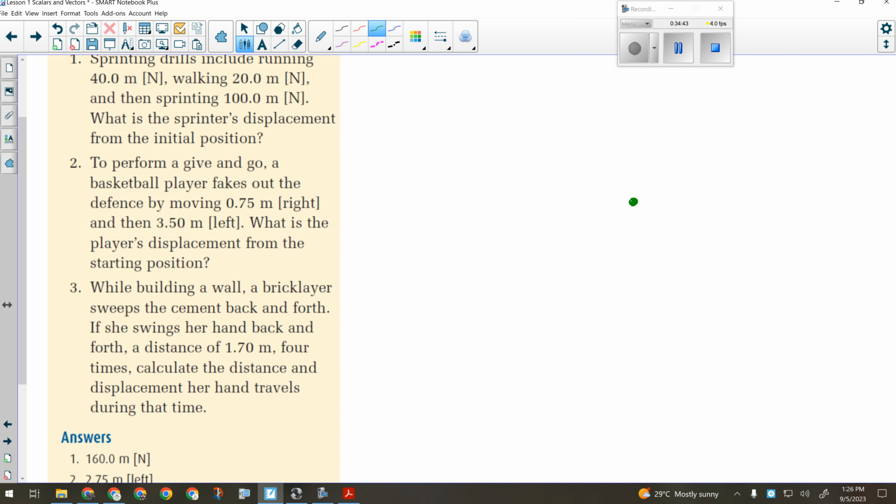The person does 2 things. They move 0.75 meters to the right, and then they go 3.5 meters to the left after that.